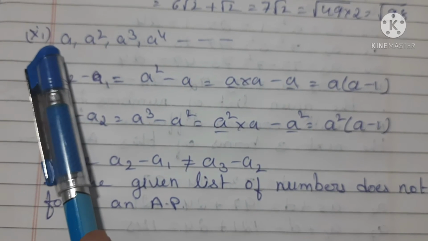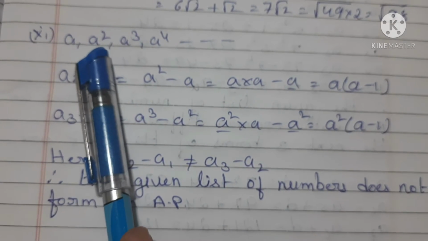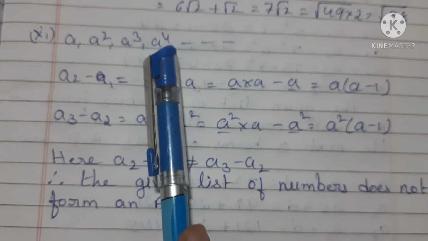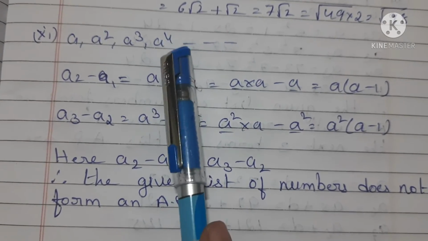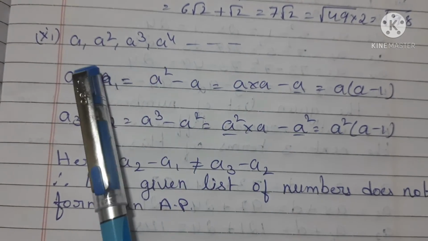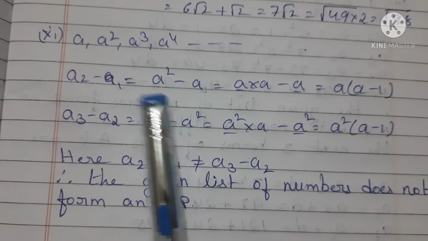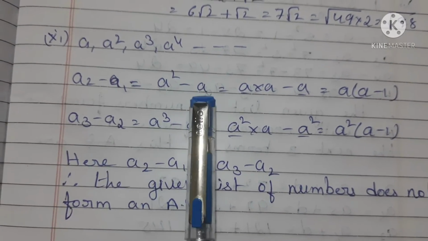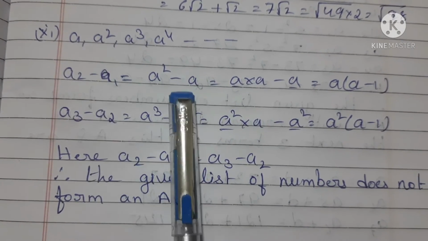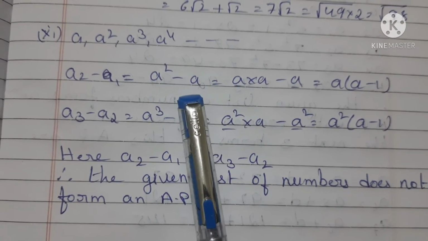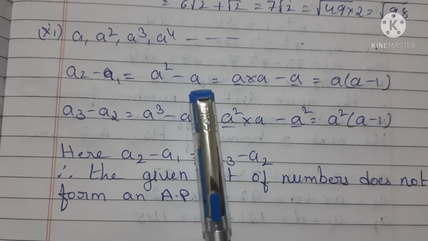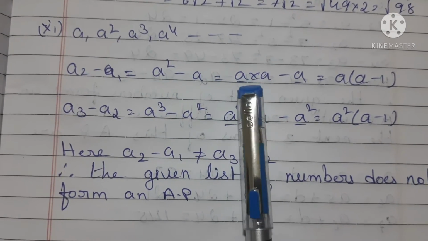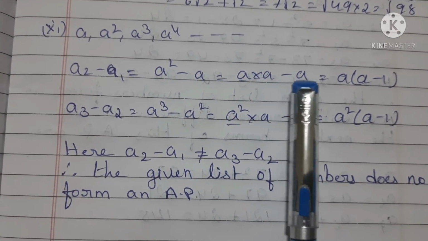Now the 11th question: a, a square, a cube, a to the power of 4, and so on. We should check whether it is an arithmetic progression or not. Now a2 minus a1: a2 is a square, a1 is a. So a square minus a. A square we can write as a into a, minus a.